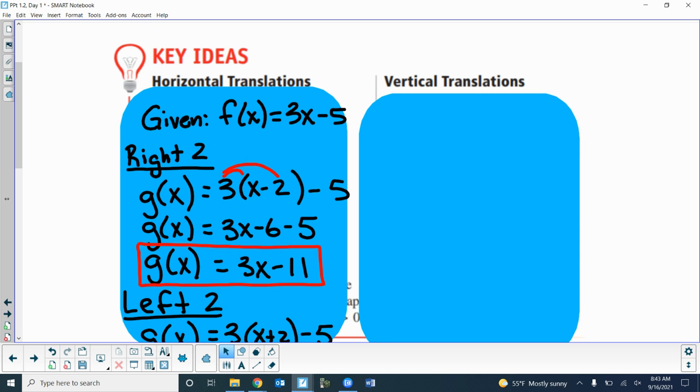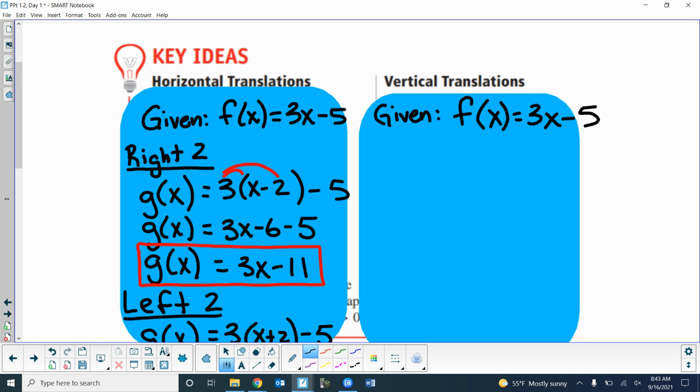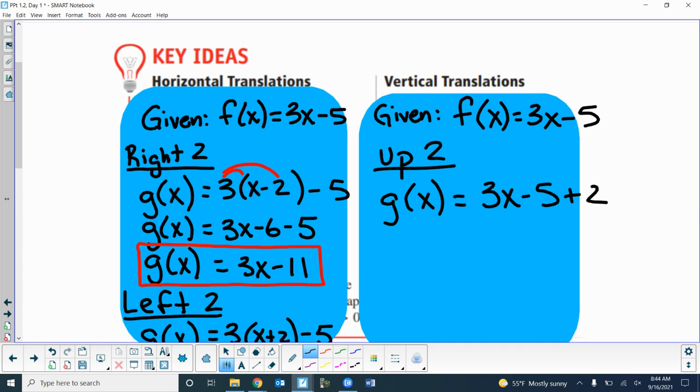All right, so we're going to continue to use the same f function. f of x is 3x minus 5. So if I want to move it up 2, my new function g is just add 2 on the end when it's up or down vertical.